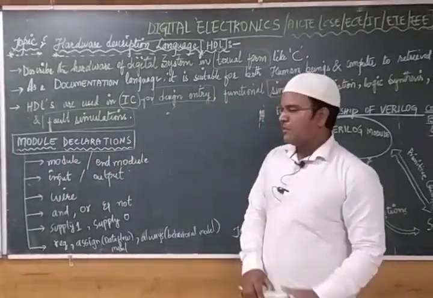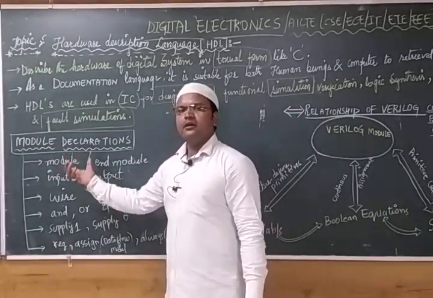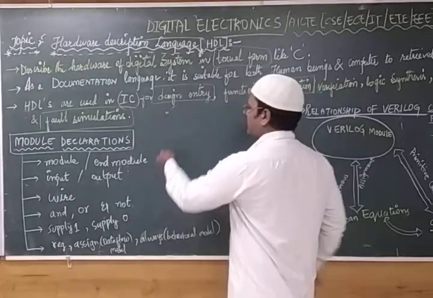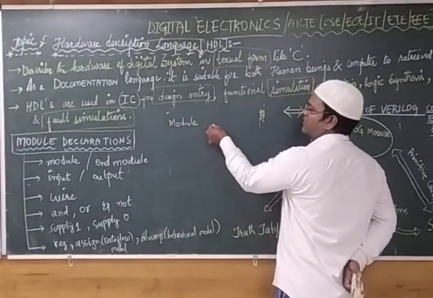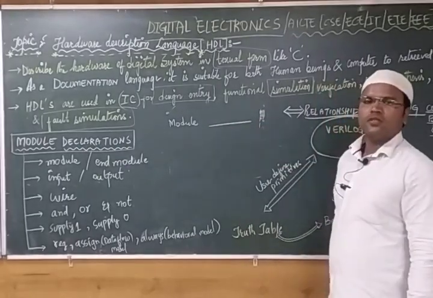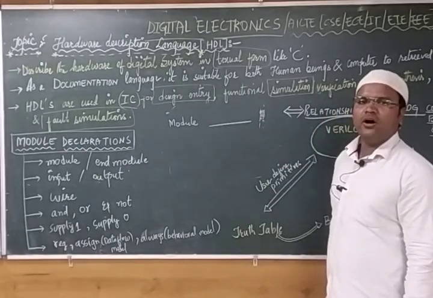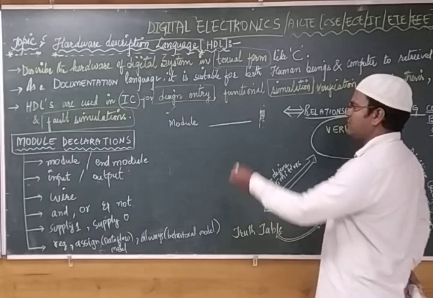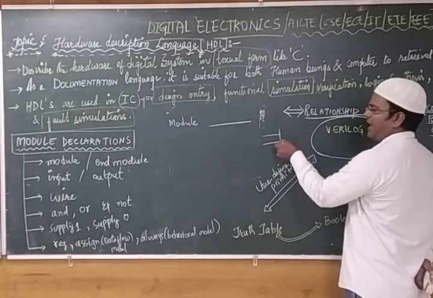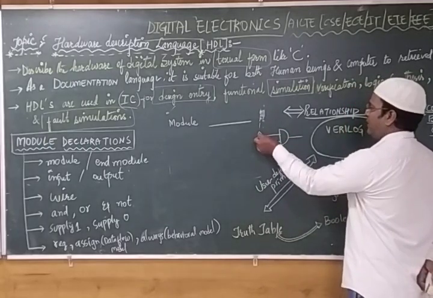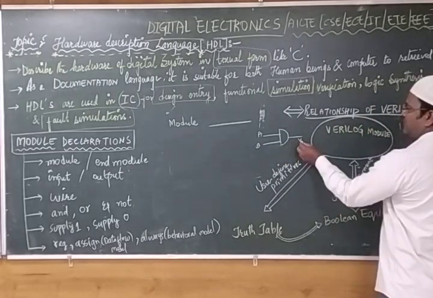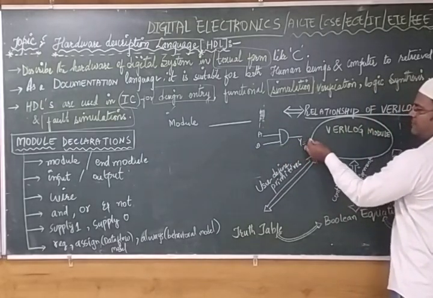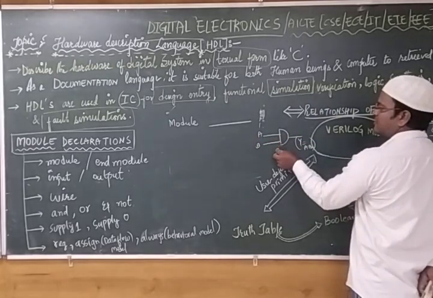If I want to start the programming code, the first thing I need to write is module with a name. Suppose I take the example of one AND gate, with inputs A and B, and Y equals A into B. This is my AND gate.